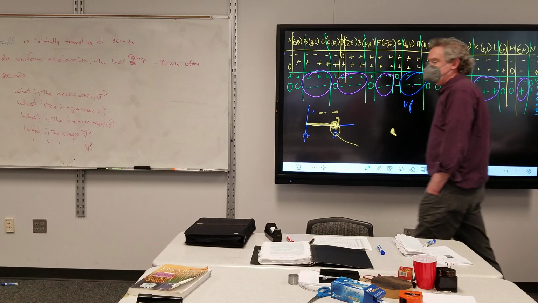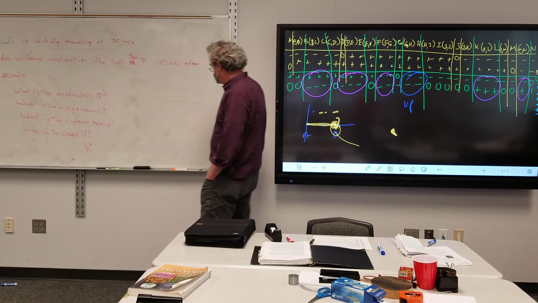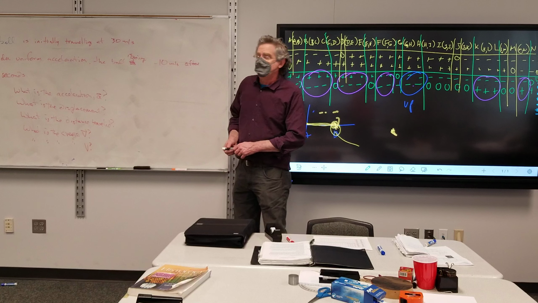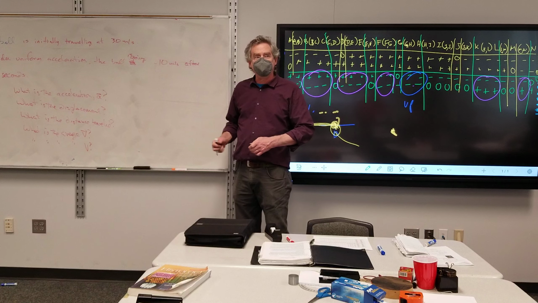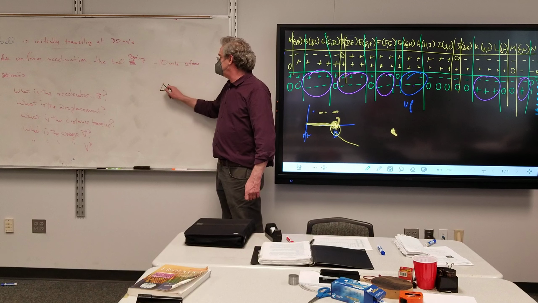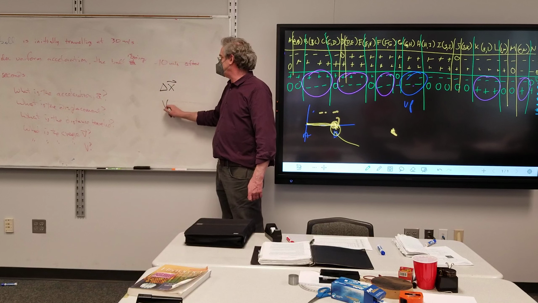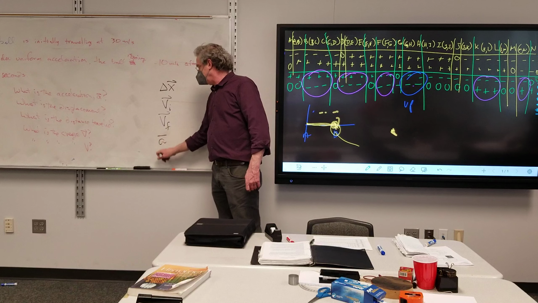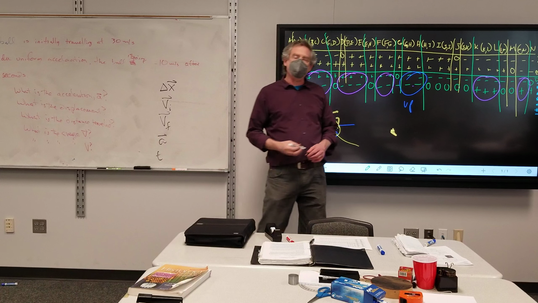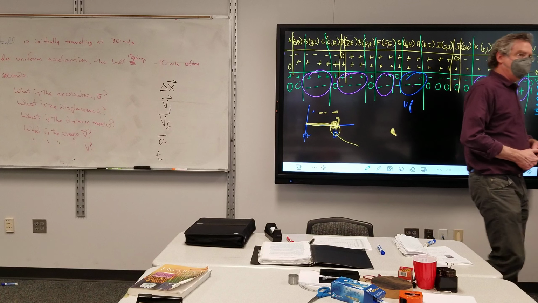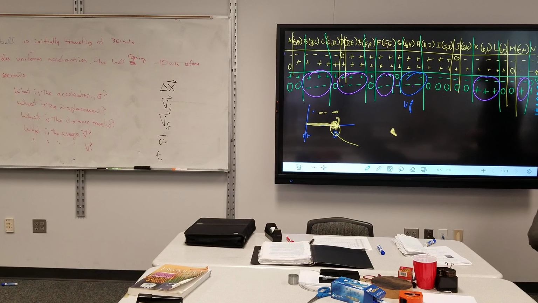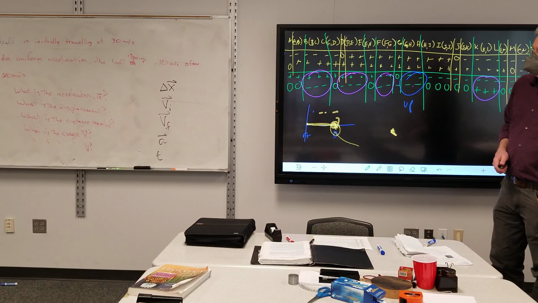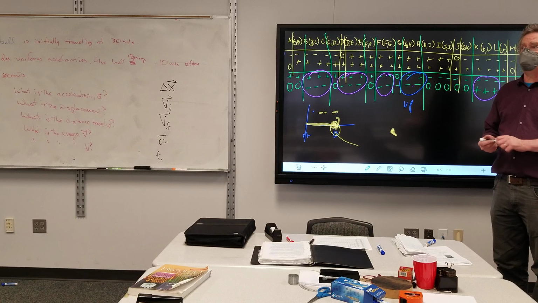I recommend that when you are dealing with this, there are 5 basic quantities that we are looking at here. There is displacement, initial velocity, final velocity, acceleration, and time. If I know 3 of these, I can find all 4 of them. So what do we know? What is given in the problem?